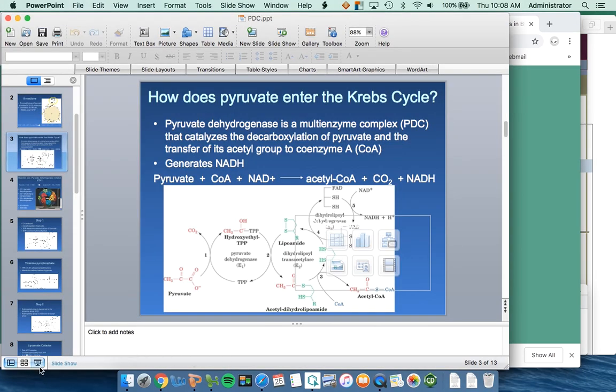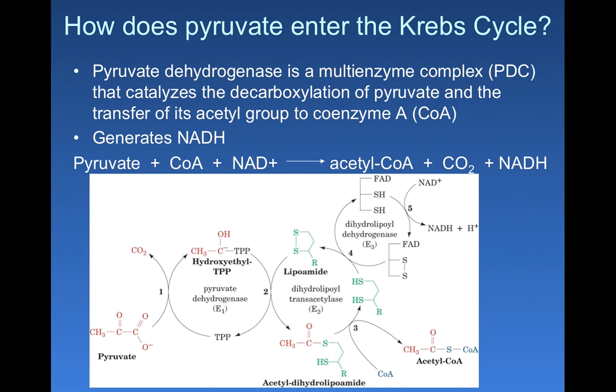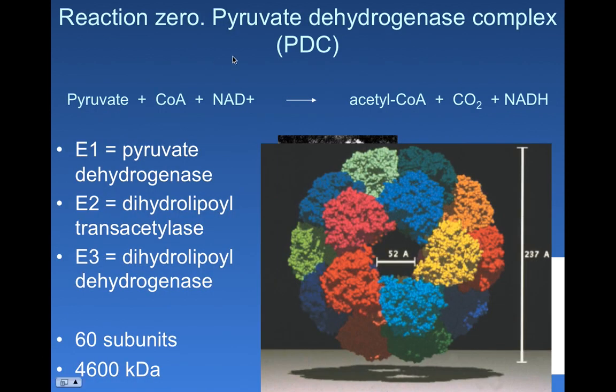Okay, the final thing I want to show you is just how complicated this pyruvate dehydrogenase complex is. It's a monster machine, okay, with 3 enzymatic components, multiple subunits of each one of those enzymes, and there's a total of 60 subunits in this thing.